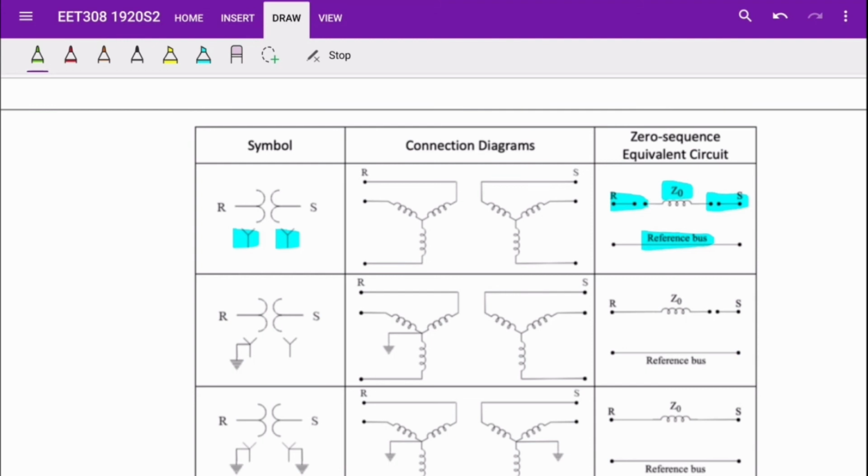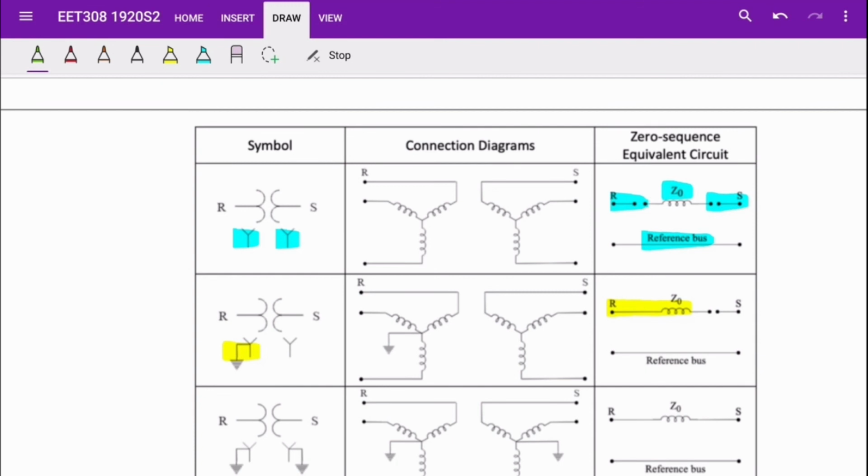The second connection is Y grounded to Y connection. For this connection, since only winding at R side is grounded, so the impedance Z0 is only connected to the node R.